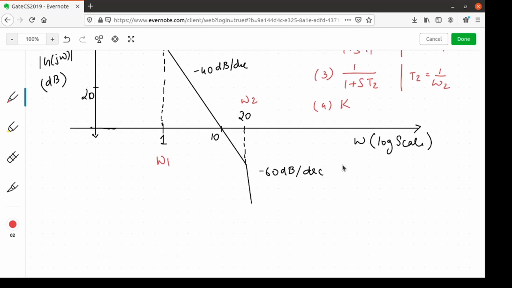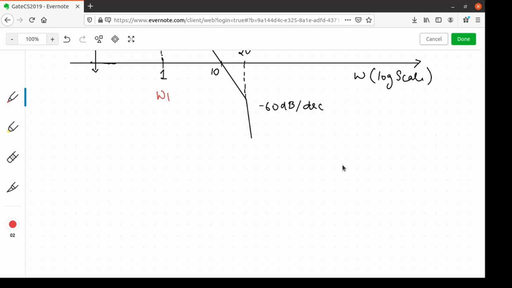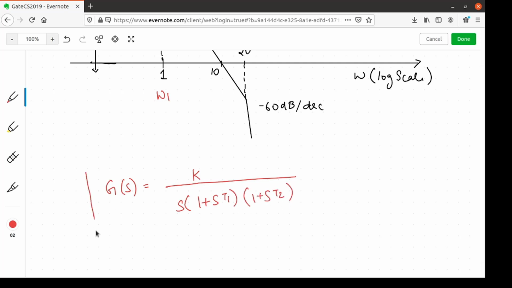So now we can write the general form of the transfer function. That will be g of s equals k divided by s times 1 plus s t1 times 1 plus s t2. That is the general form of the transfer function.